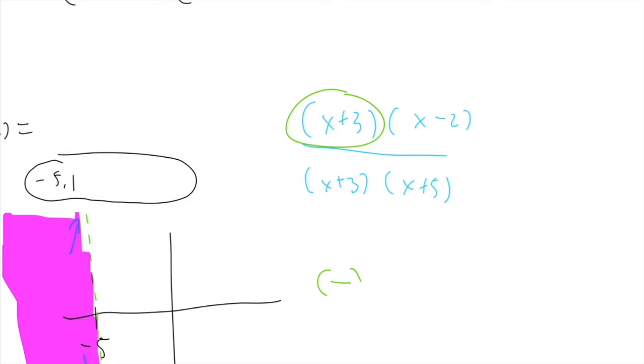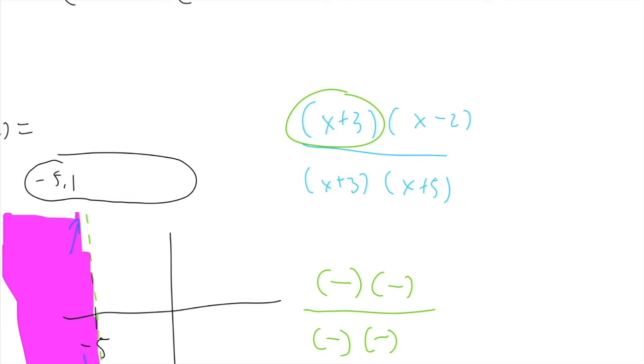Then negative 5.1 minus 2, that's just going to make it more negative. So again, we have a negative. Then over negative 5.1 plus 3, that's also going to be negative. And then negative 5.1 plus 5 is going to be negative again.